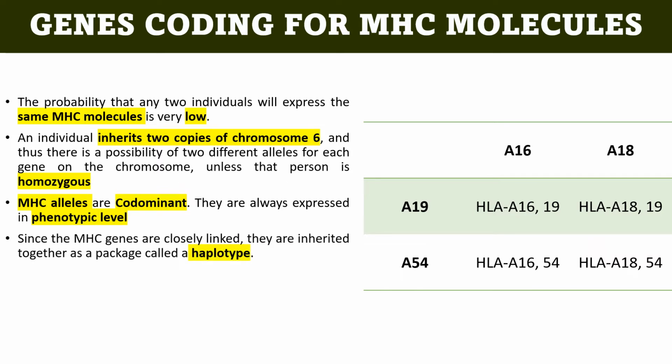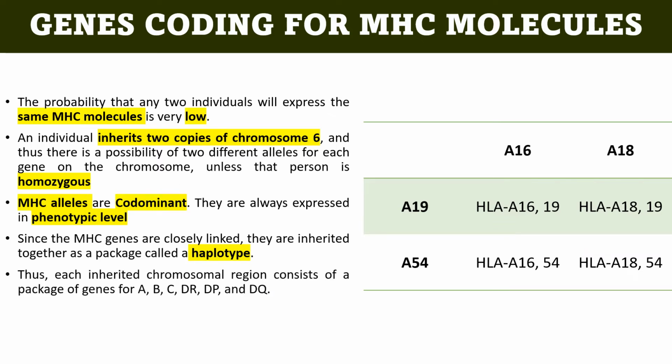Since the MHC genes are closely linked, they are inherited together as a package called a haplotype. Thus, each inherited chromosome region consists of a package of genes A, B, C, DR, DP, and DQ. The full genotype would consist of two of each gene at a particular locus.